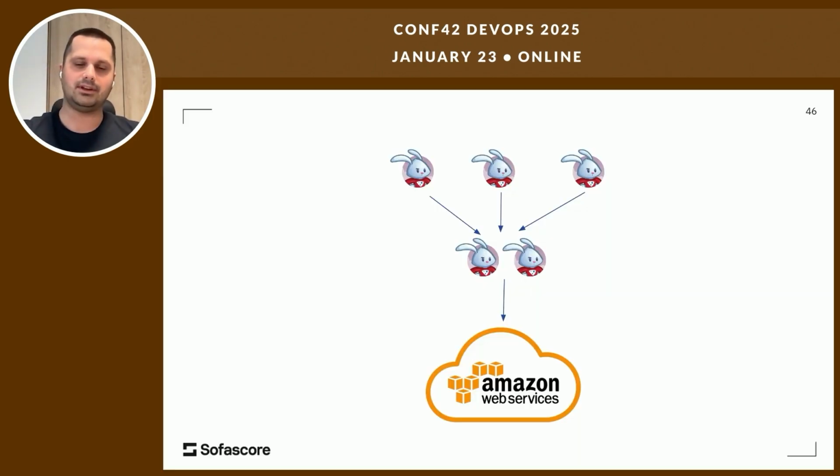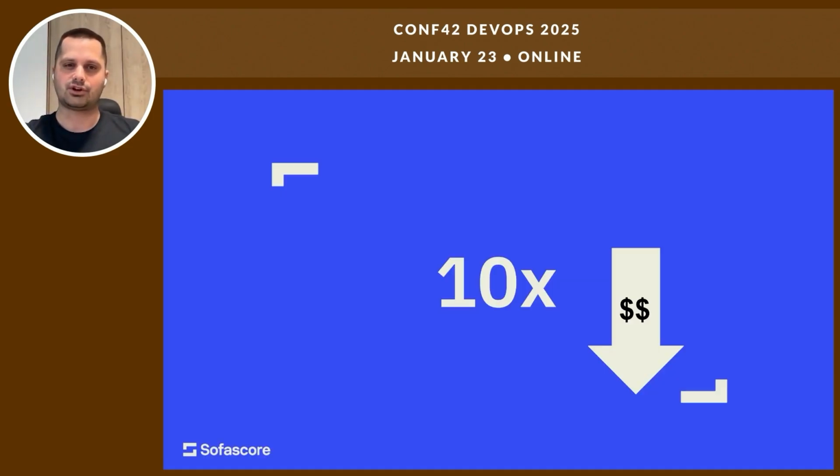And that's what we did. We rented out a couple of machines and we set up our Varnish instances on them and then pointed that to the cloud. So really simple change, but it got us a 10x reduction in bandwidth, which was a lot. So we cut our AWS bill by a huge margin.